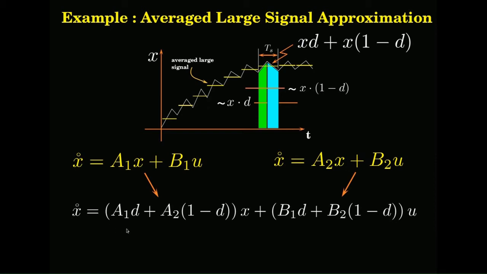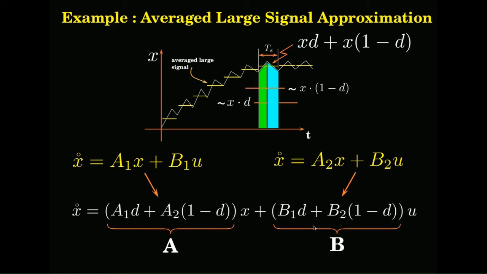So, you have A1 d plus A2 into 1 minus d, and B1 d plus B2 into 1 minus d for the u. Now, this is the manner in which we will combine the various mutually exclusive units. This will result in some equivalent A.